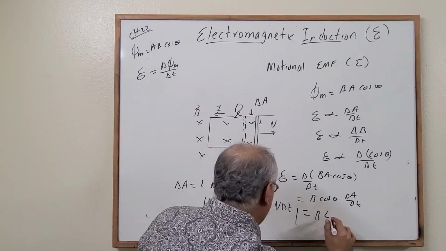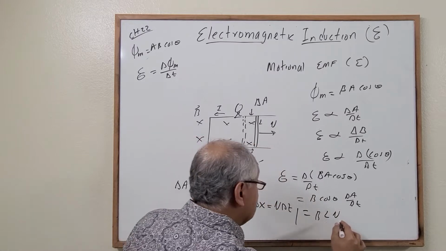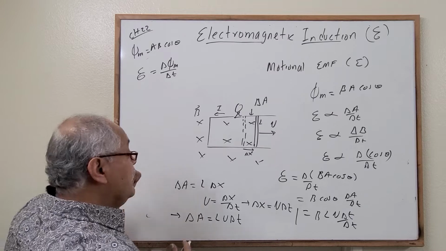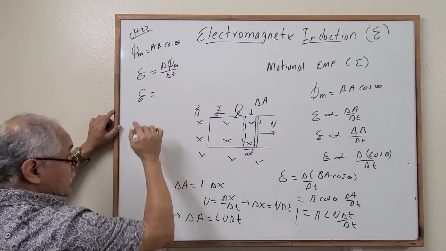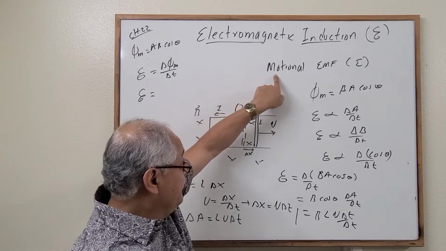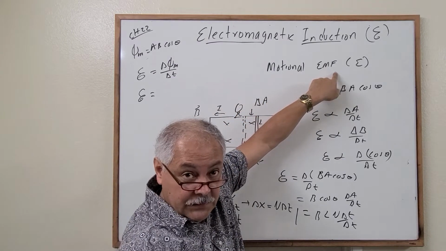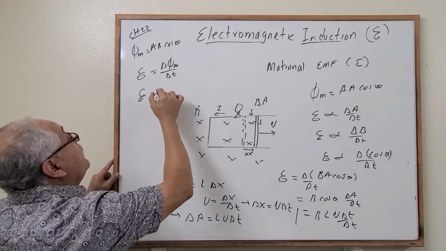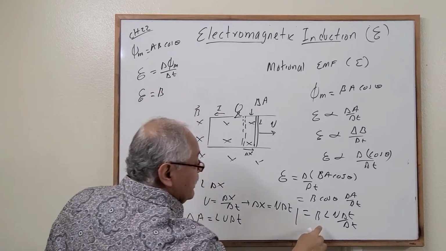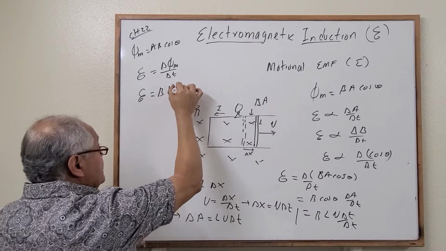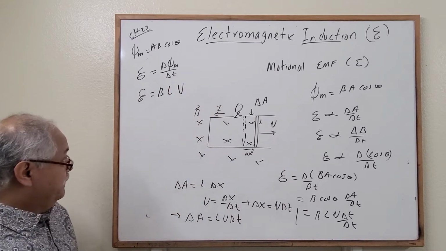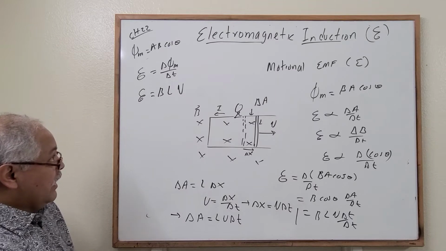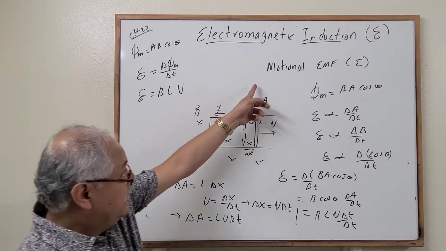It's going to be L v delta t divided by delta t. Perfect. So the electromotive force, we call this actually motional EMF, motional electromotive force, is equal to B, the magnetic field, times L times v. And this is the motional electromotive force.